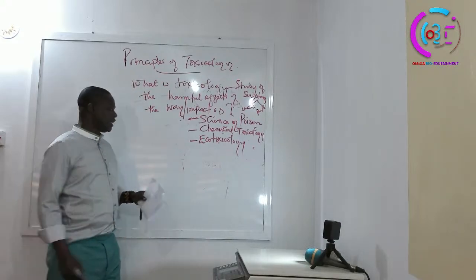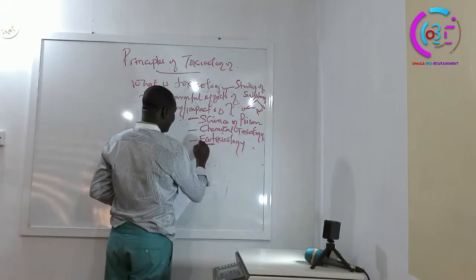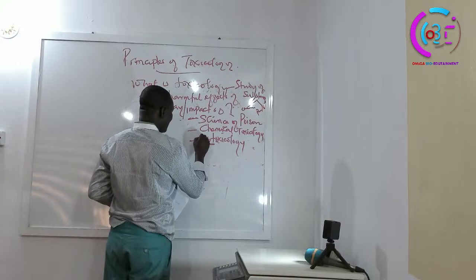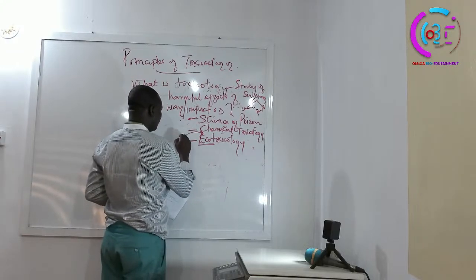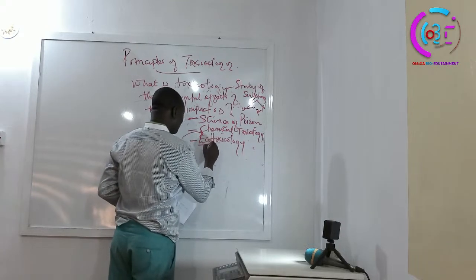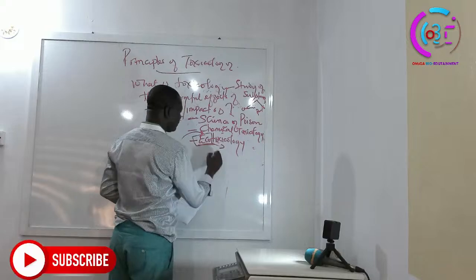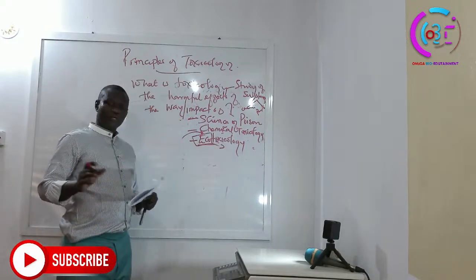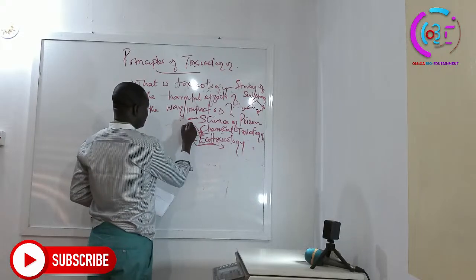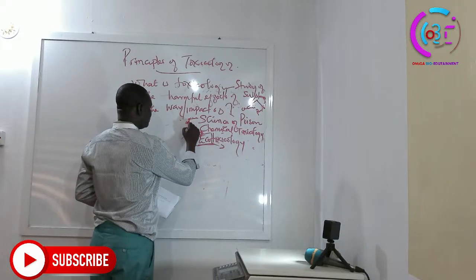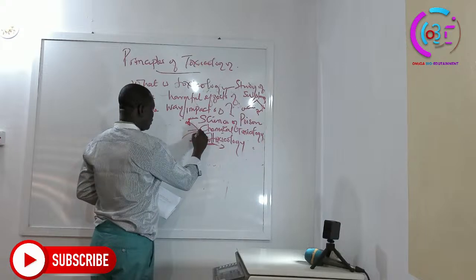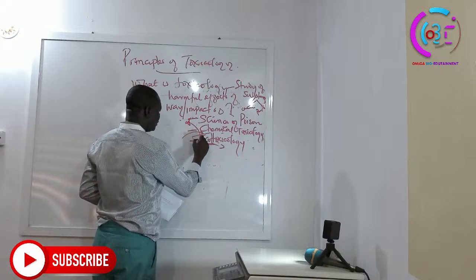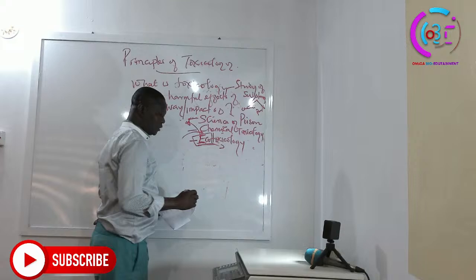Ecotoxicology is where we want to study the harmful effects of some substances on the ecology or the ecosystem, which can be the living ecosystem.